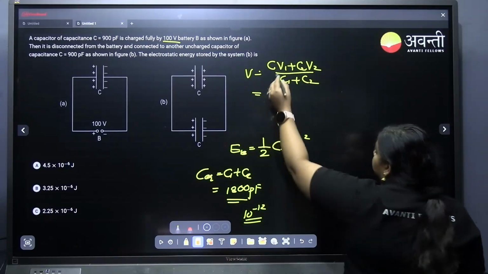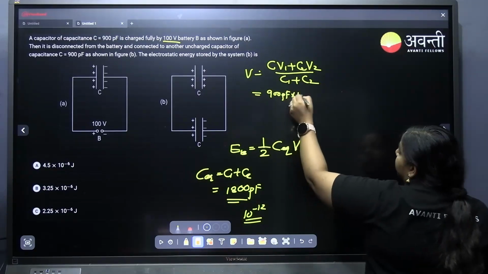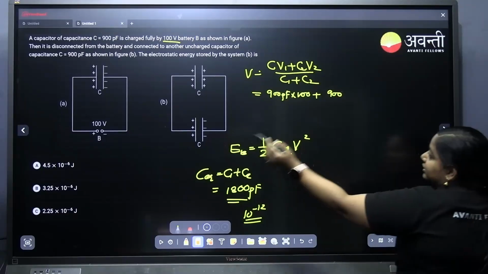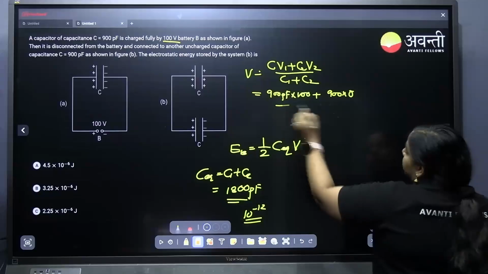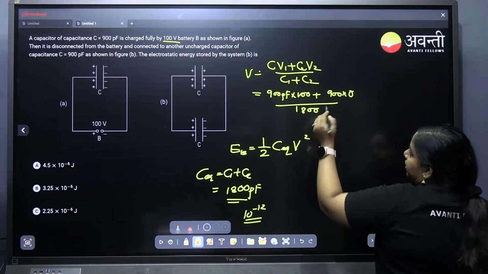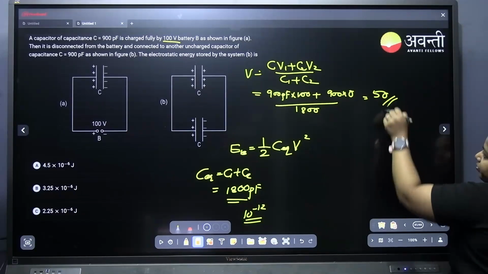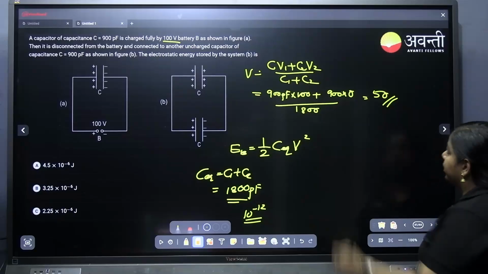If you apply this formula, you will get 900 picofarad into 100 plus 900 picofarad into second one, which is uncharged, which means potential is 0, divided by 1800. If you see this, you will get it is equal to 50. Okay, you will get it is 50 volt.